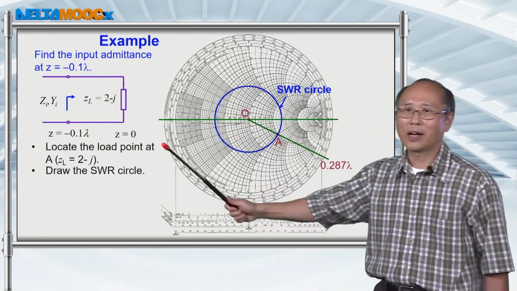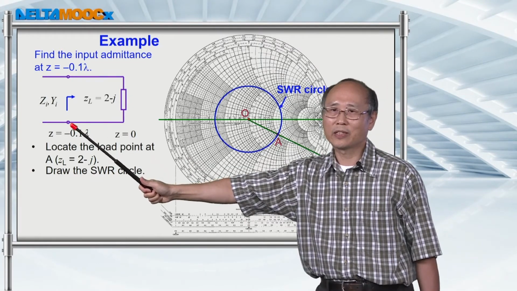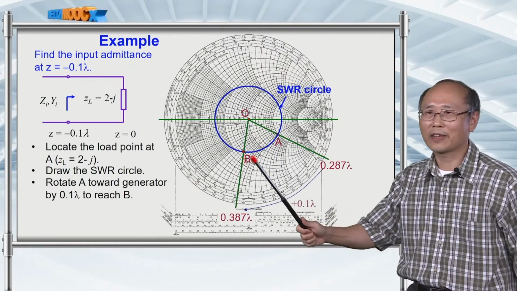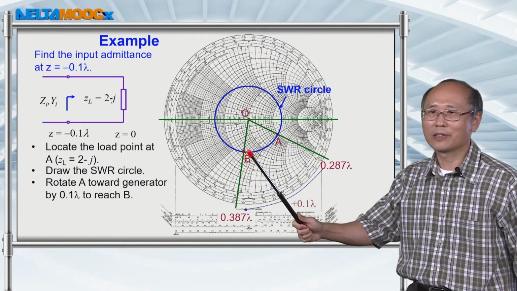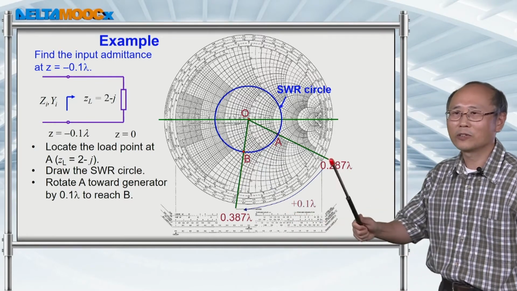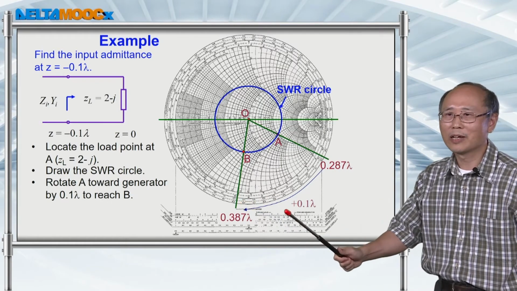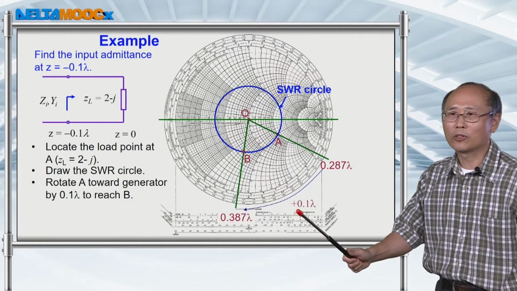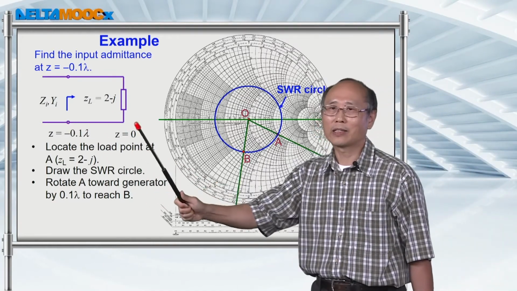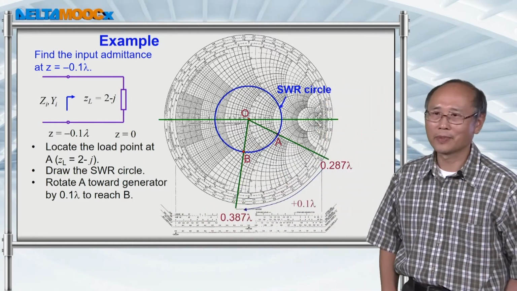Now we want to find the input impedance at this location. Previously, we also found that the input impedance can be read from this point B by rotating this line toward the generator by a length equal to 0.1 wavelengths, because this location is 0.1 wavelengths from the end of the transmission line.